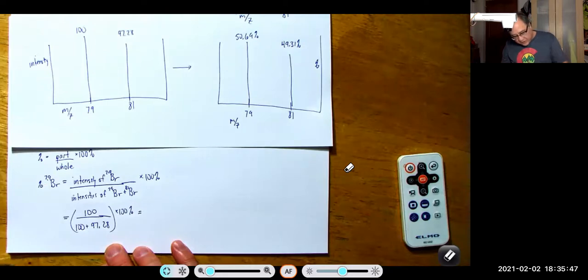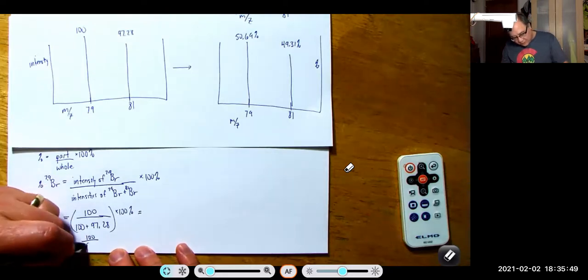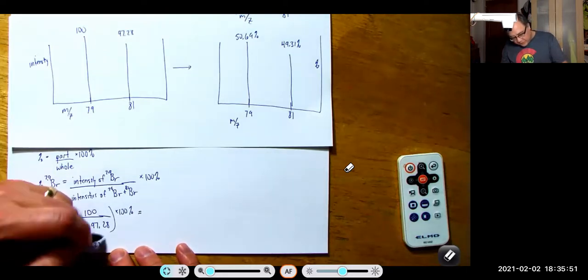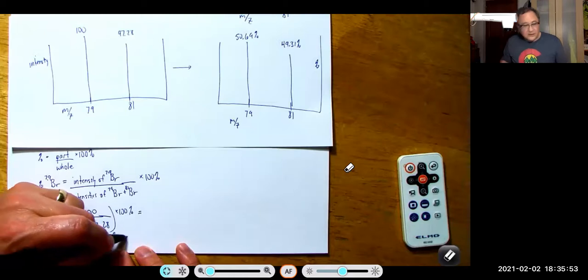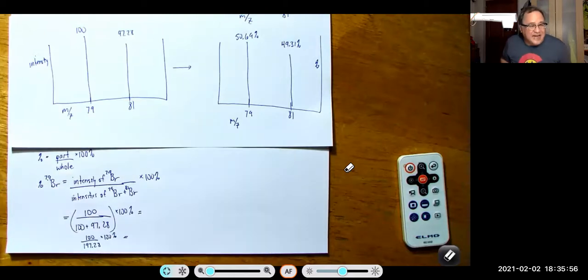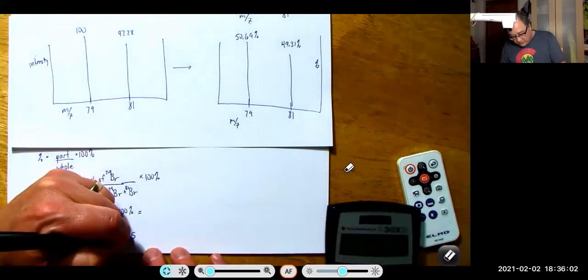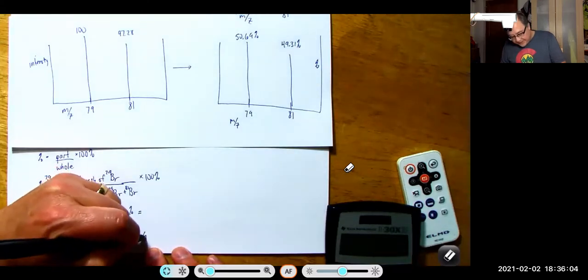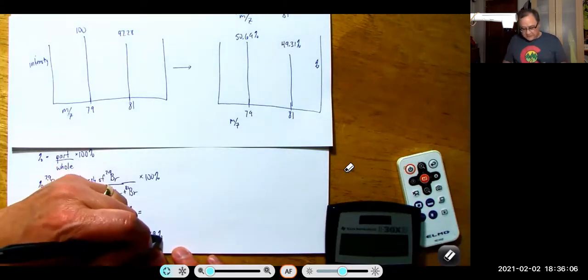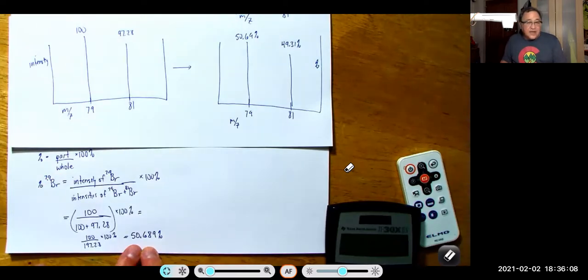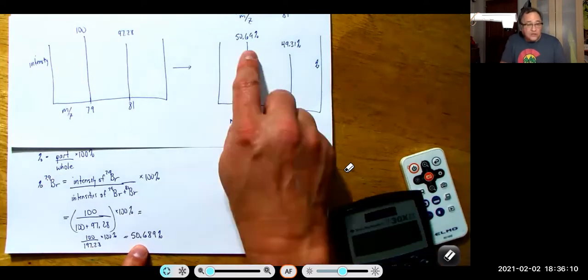Now this becomes 100 over 197.28 times 100%. Both 100s are exact, so we get 5 sig figs out of this, and we actually get 50.689%. And if you take a look at that number compared to that number, they're really darn close.